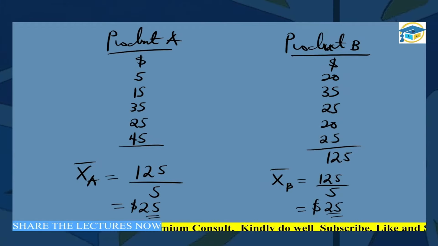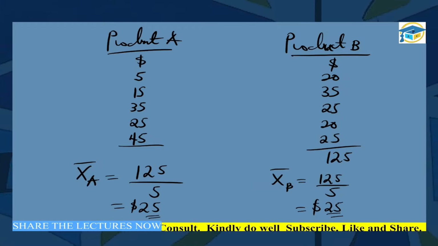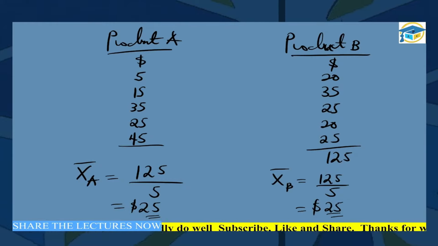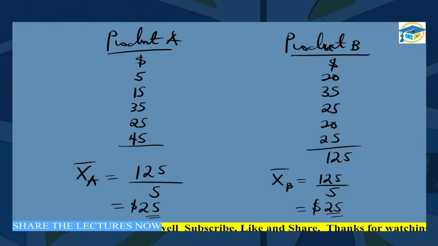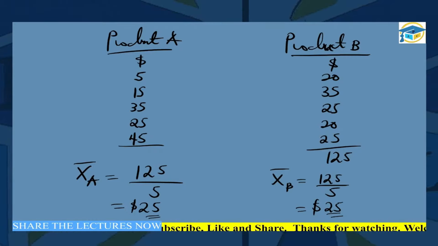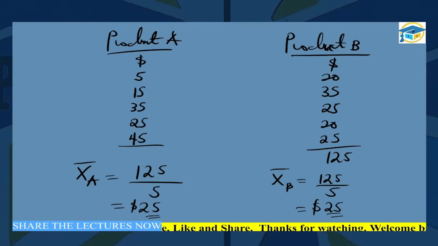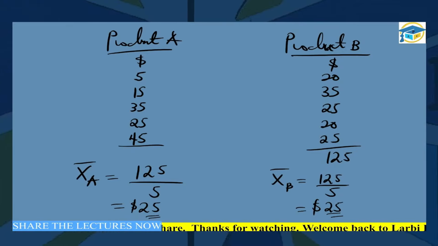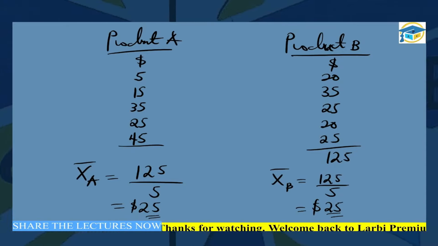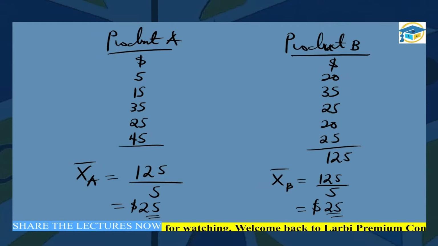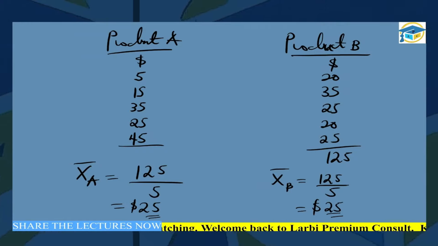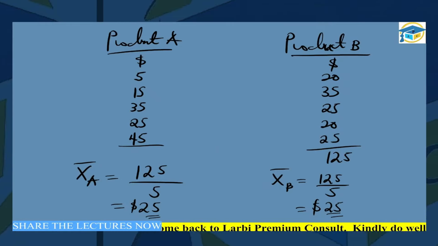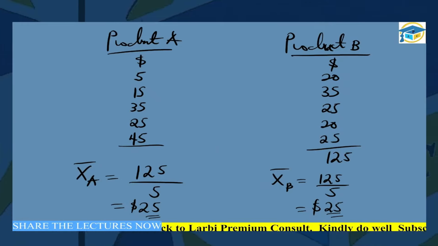So we'll take the discussion a step further to understand how spread or varied this data was when the prices were changing. We're going to present this data in the form of a graph, and we'll be able to see how the data spreads out from the mean. When we look only at the mean, we would conclude that in terms of price changes, they were the same. But actually, it is not so.